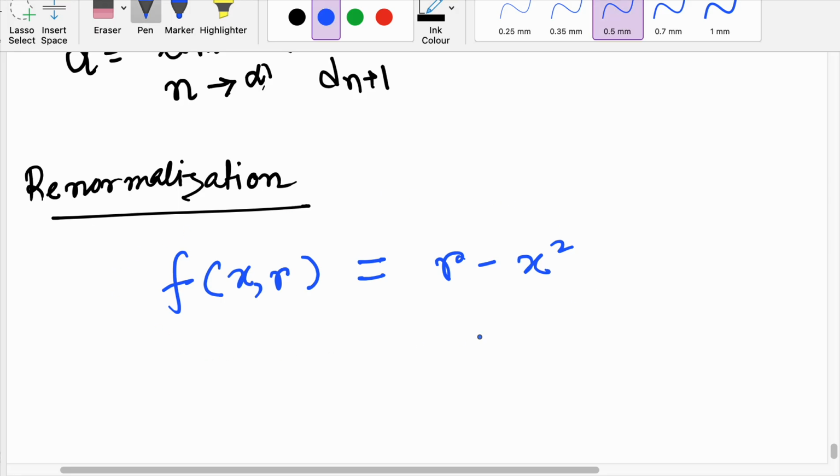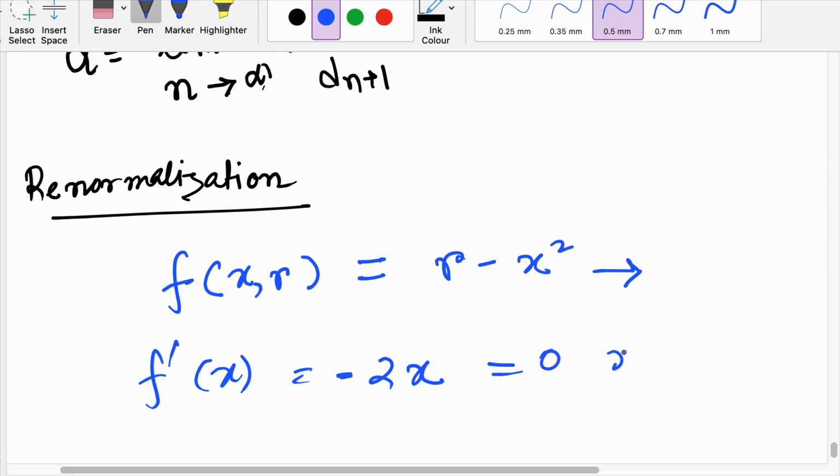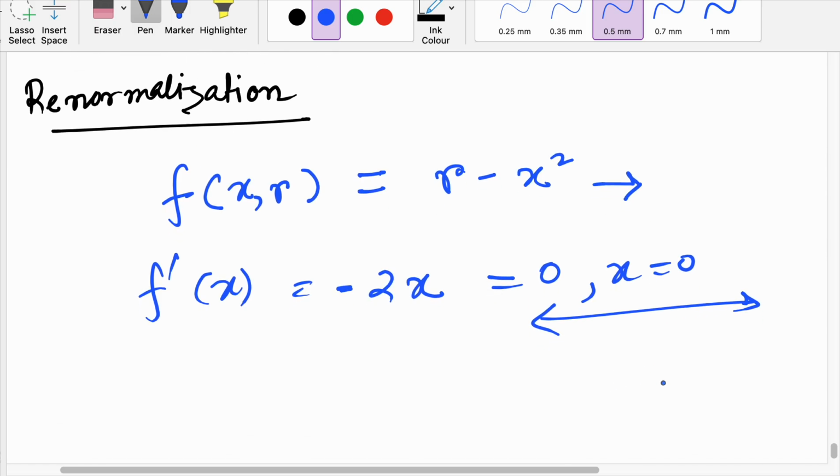From here one can easily find the point at which the first period doubling bifurcation will occur, and the first superstable orbit. If you take the derivative, f'(x) = -2x, it becomes 0 when x = 0. So if any orbit contains x = 0, that will be the superstable orbit.